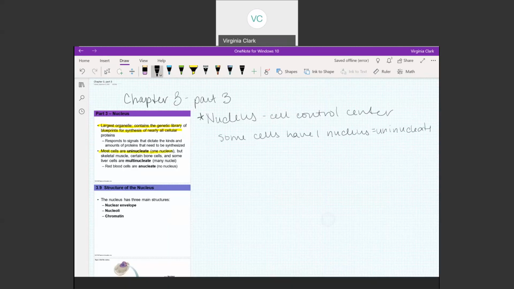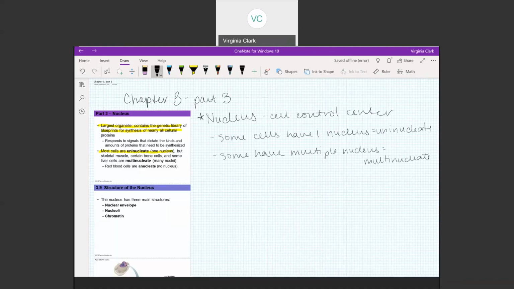However, some have lots of nuclei, multiple. Those are called multinucleated. They have one plasma membrane, but multiple nuclei inside.